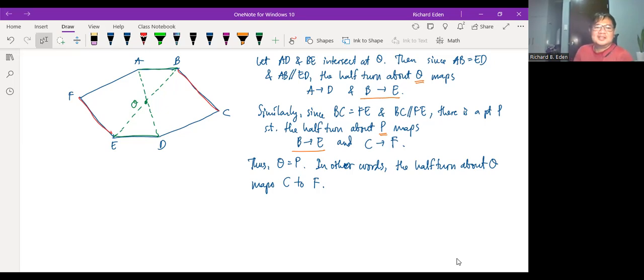Therefore, CF also passes through O, which makes O truly the point of concurrency. Done.